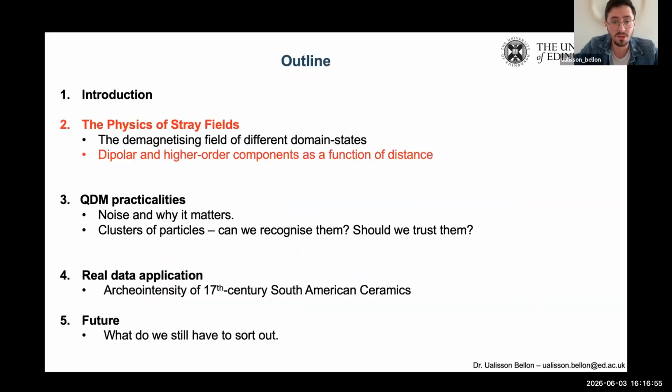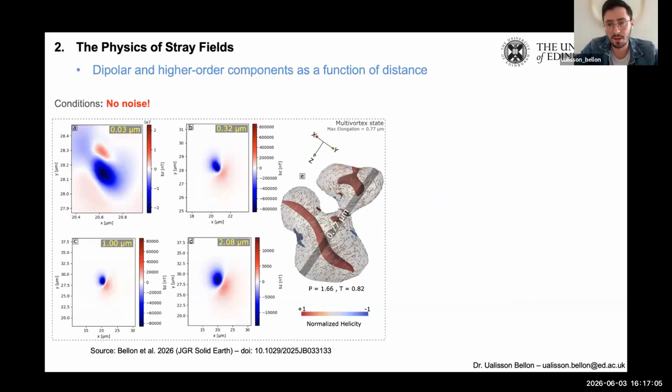Then we can go to the next step and ask ourselves how dipolar and how non-dipolar these particles look as you get closer to or farther from the surface where you would be measuring. Here we have a first example, a near-micron particle of 770 nanometers.